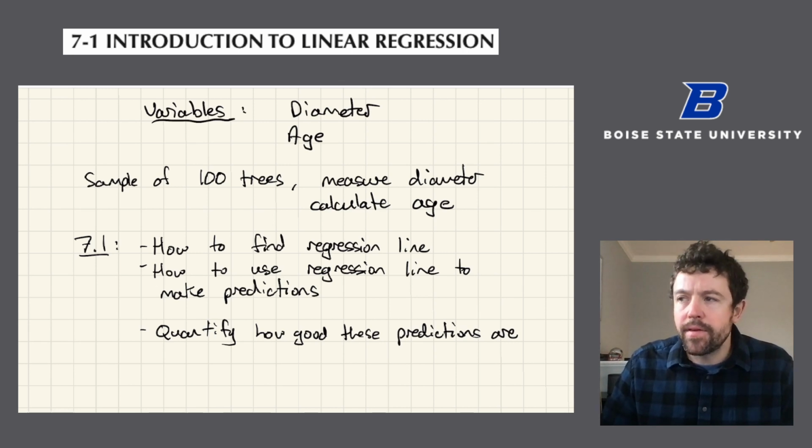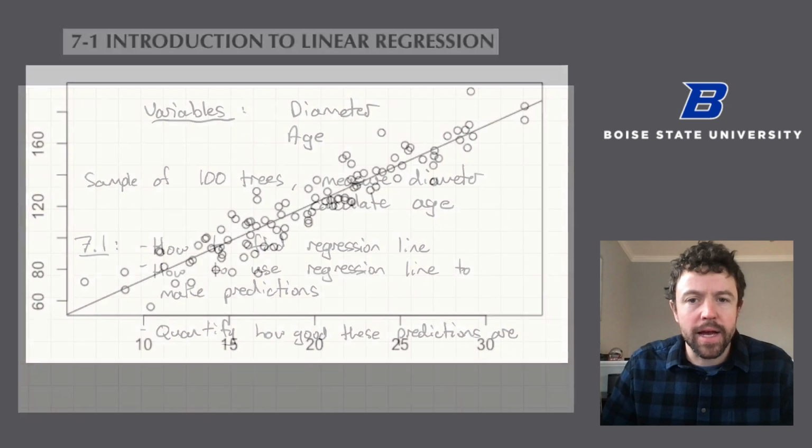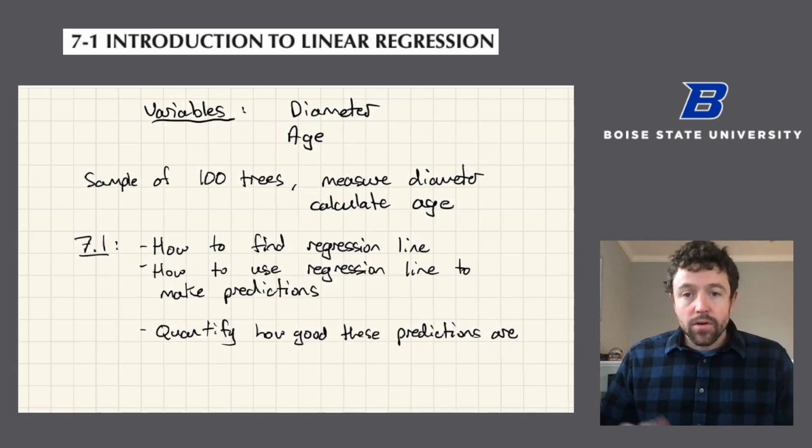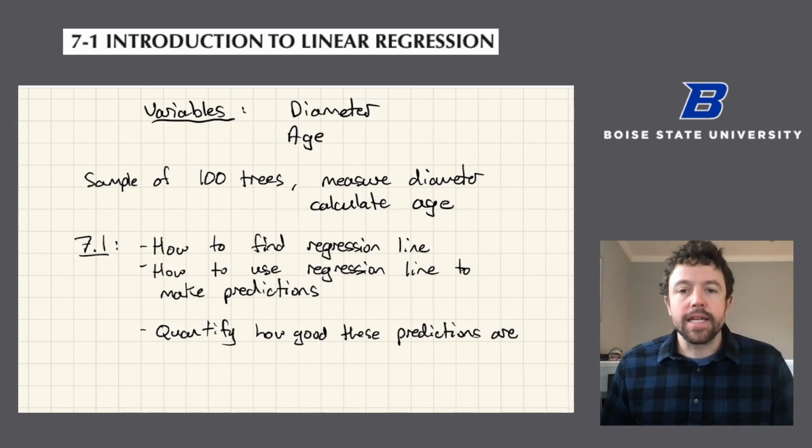And you can maybe guess from looking back at this plot that because everything doesn't fall on the line, this prediction isn't perfect. So we'd say, look, this is not a perfect prediction. We don't fully get the ages based on the diameters, but we'll see how to quantify that, right? Rather than just saying, yeah, it's kind of close to the line, or the line's not very good, we'll put a number to it.